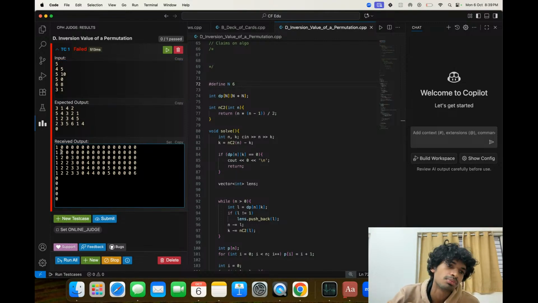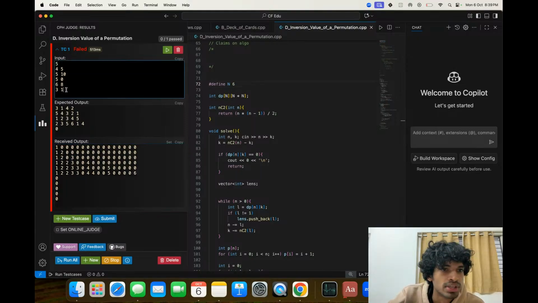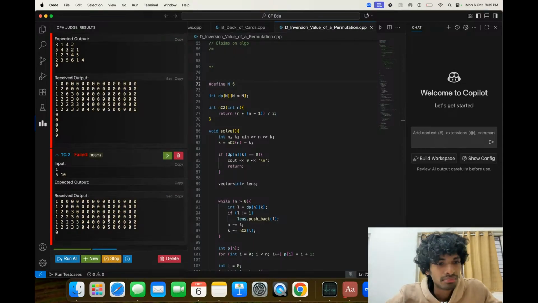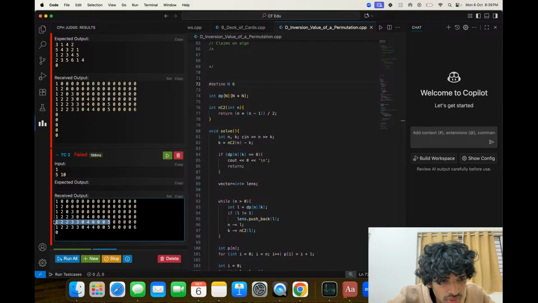So one is possible, two is possible. One is possible, two is possible, three is possible. Here, six minus one, five is not possible, right? Okay. But then if you take one comma, hey, I'm taking too much time. Five comma 10. 1, 2, 3, 4, 5. 1, 2, 3, 4, 5, 6. 0, 1, 2, 3, 4, 5, 6, 7, 8, 9, 10. It is 5, right?